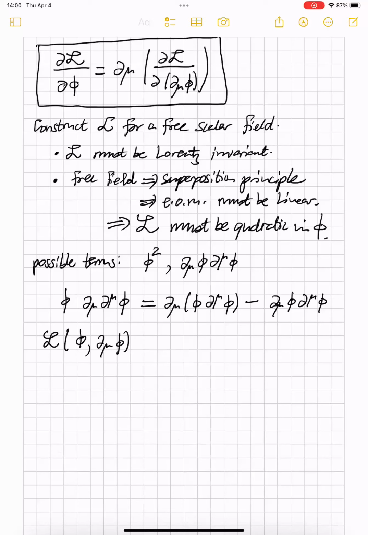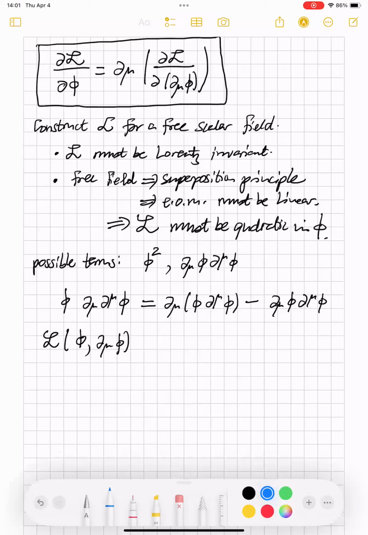The first term it produces, when you act on the first phi, will cancel against the term that I've added here with a minus, and then it can act on the second term, which is equal to the original term. But what you can see is this term over here is a total derivative, and we can drop total derivatives. So up to a total derivative, this term is the same as that term over there. So we don't consider this term, the one that I've just ringed, as a possible term inside the Lagrangian.